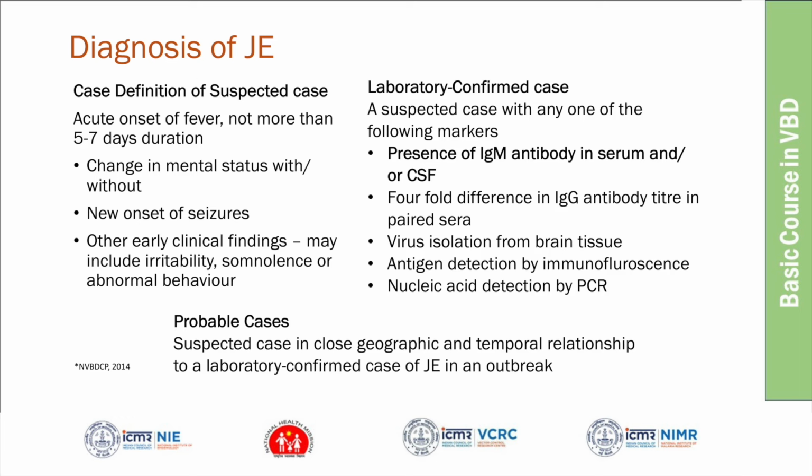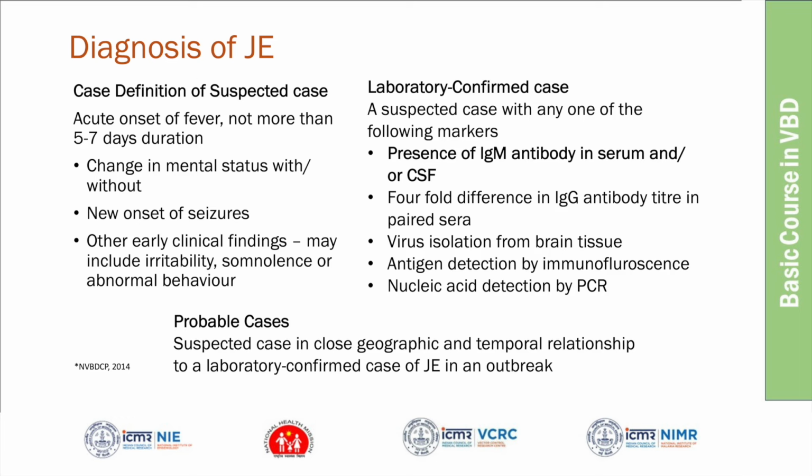They collect blood from the child, separate the serum or the CSF, and perform the ELISA test, looking for IgM specific to Japanese encephalitis virus. So if a person has fever with altered sensorium, and in the blood or CSF we confirm IgM specific to JE, then it is labeled as a laboratory confirmed case.